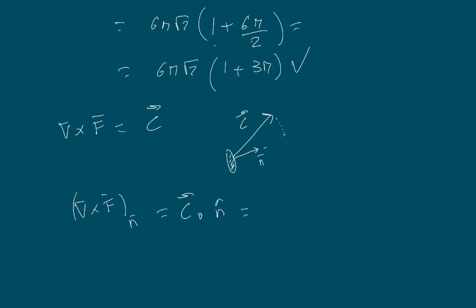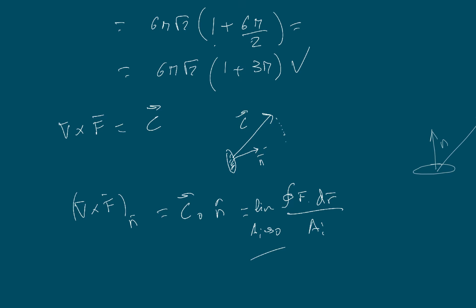So what will this be? It will be the line integral of F scalar dr, the line integral over this element per unit of area, when the area A sub i approaches 0. So this is the circulation that exists in this direction. If you take another direction, you need to take another element of surface and another normal.